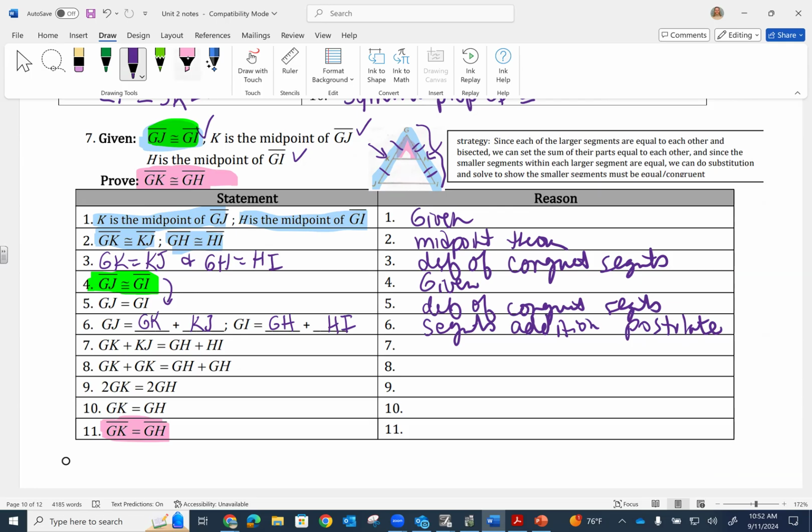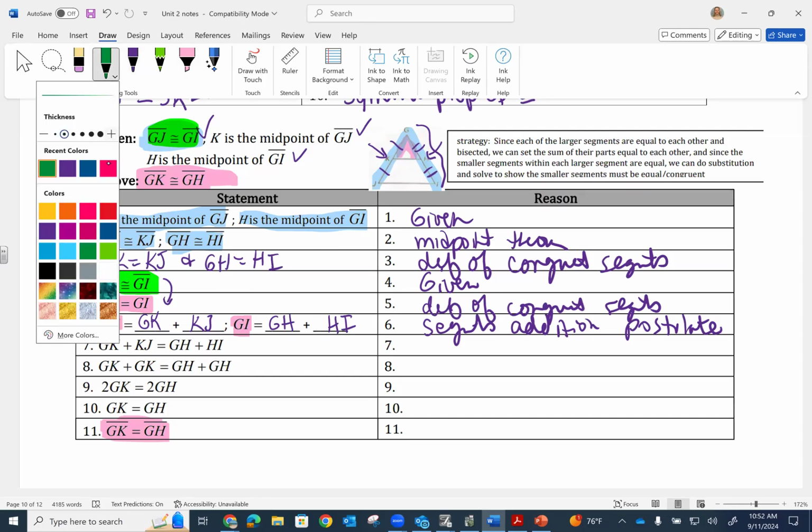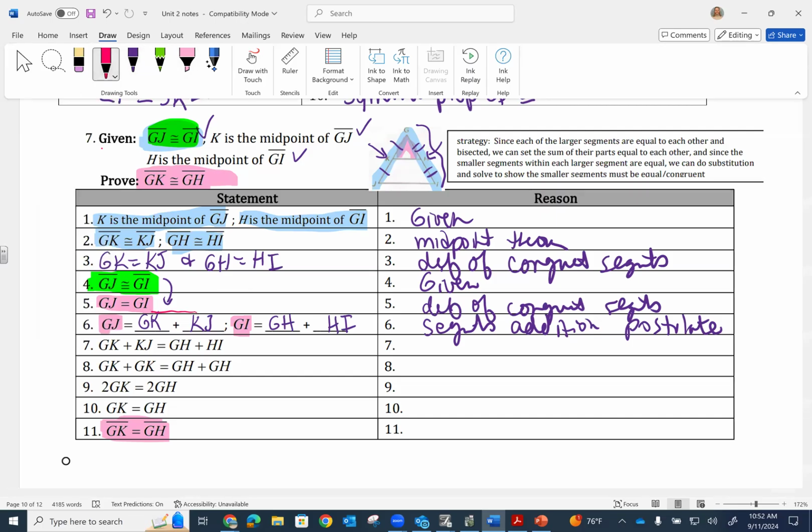Okay, look at this. Do you see right here? And then you see right below GJ, and you see below here GI. In place of GJ, guess what we're going to do? Since GJ equals this, in place of GJ, let's put that. So I'm going to put it instead of GJ right here.